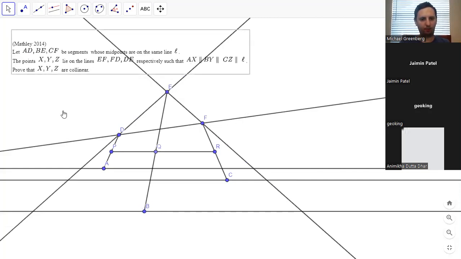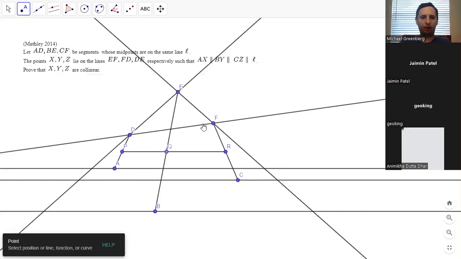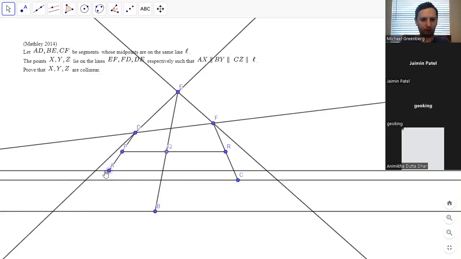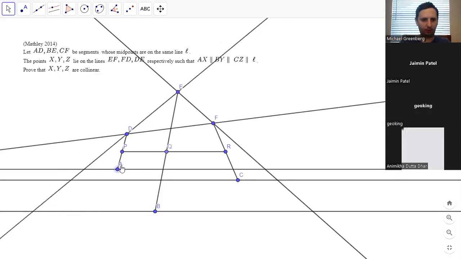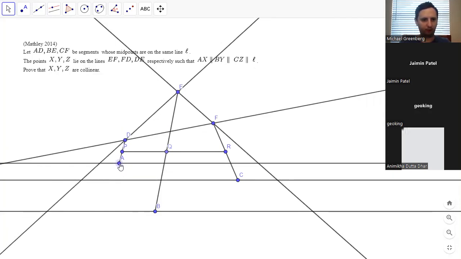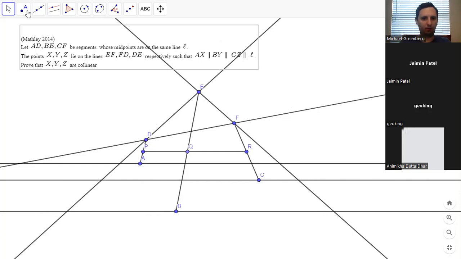Okay, so basically we want to see where the line through A meets DF. So DF is still, let's see. I want to make this so that I can see the intersection. Maybe like that. So well, this would be X.